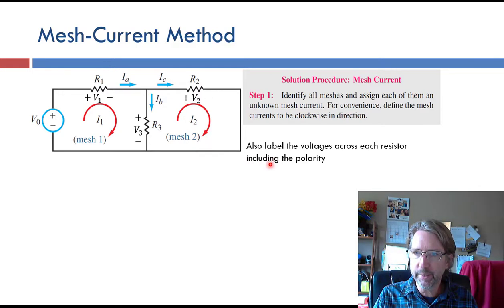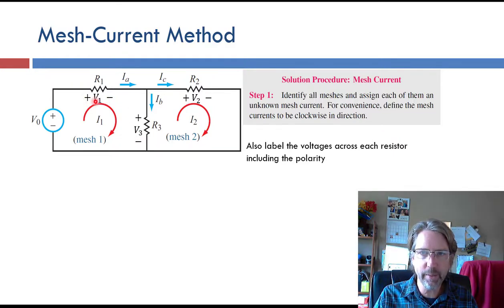I also recommend here to label the voltages across each resistor, including a plus and a minus. That just saves a step when we do Ohm's law and makes it less likely to make mistakes. You can do it in your head, but it really is better to write them down, especially to get the signs correct. So here we have R1 and V1 with a plus and a minus, R2 and V2 with a plus and minus, R3 has V3 with a plus and a minus.